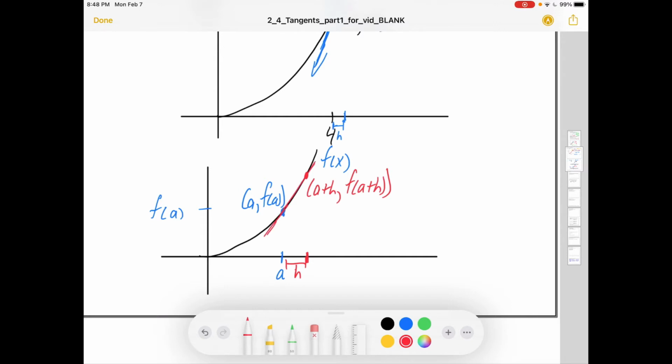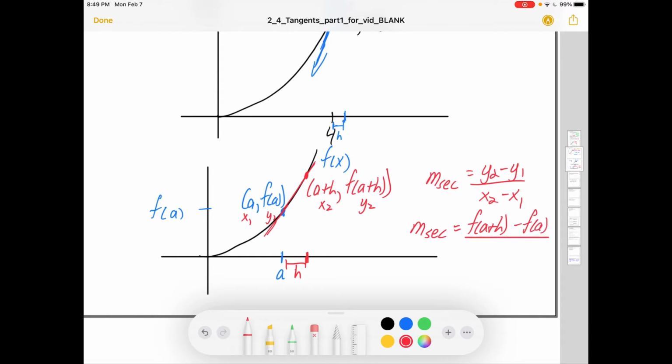Secant slope, m secant, is just going to be y2 minus y1 all over x2 minus x1. So the secant between these two is going to be, let's label these, x1, y1, x2, y2. General points here. f of a plus h, that's the second y value, minus f of a, that's the first y value, over x2 minus x1.